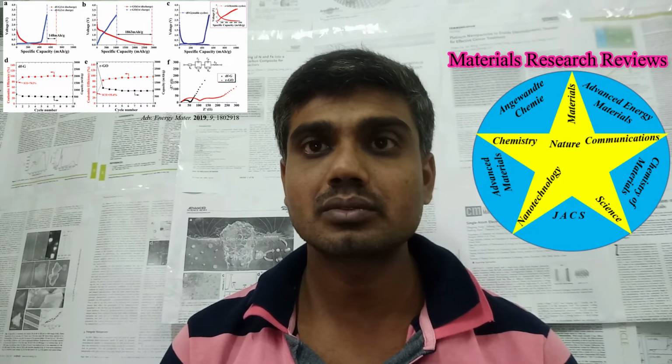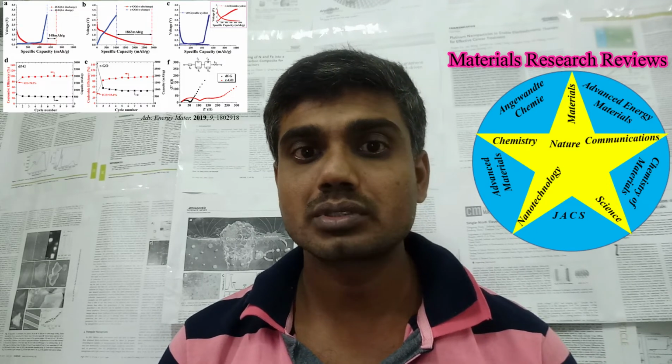Here they observed coulombic efficiency of almost 78% for the defect-free graphene. In the case of reduced graphene oxide it was only 35.4%. It means a twofold increase for the defect-free graphene.